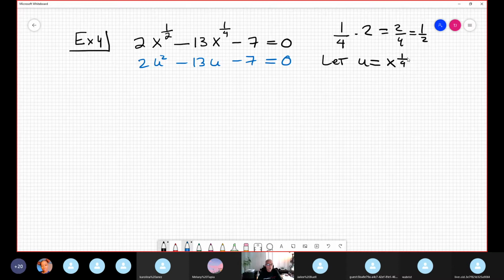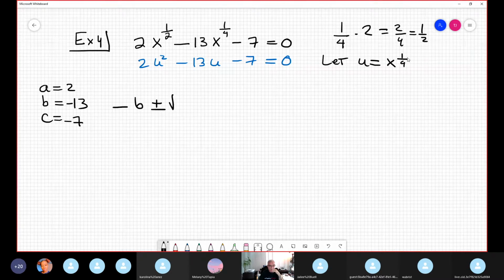And this is a new quadratic equation, in which you identify perfectly a, b, c. a is 2, b is negative 13, and c is negative 7. In this case it's easier by factorization, but no, let's do it by the quadratic formula. Minus b plus or minus square root of b squared minus 4ac.